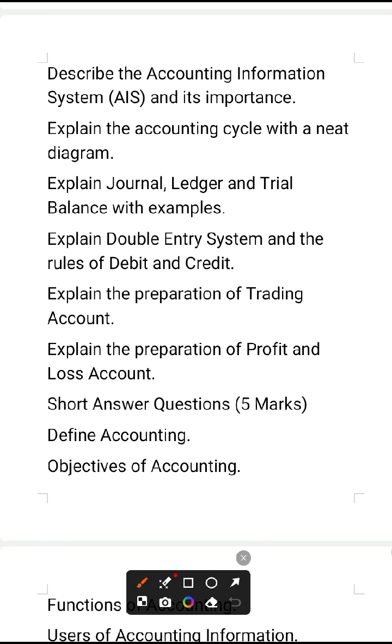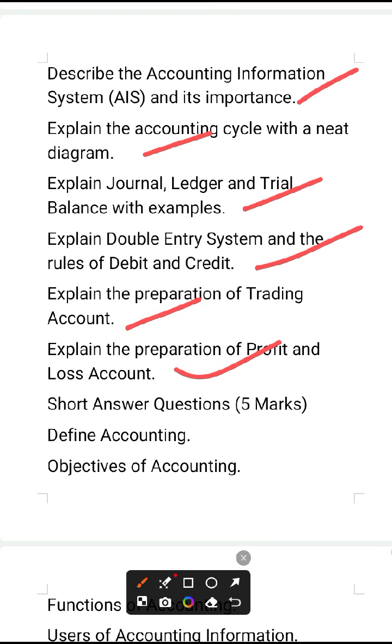Describe accounting information and its importance. Explain accounting cycle with a neat diagram. Explain general ledger and trial balance with examples. Explain double entry system and rules of debit and credit. Explain preparation of trading account. Explain preparation of profit and loss account.